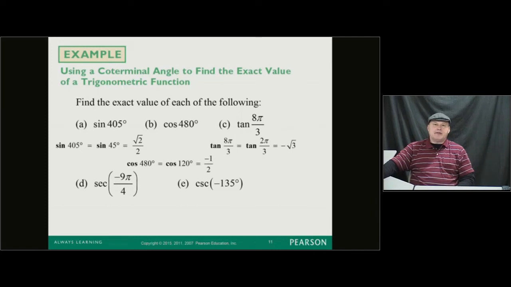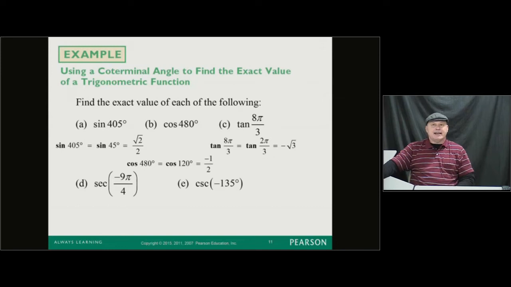Now, the tangent of 8 pi over 3 is the same as the tangent of 2 pi over 3. They're coterminal, because 8 pi over 3 is more than one revolution. 2 pi, also known as 6 pi over 3, is one revolution. So 8 pi over 3 minus 6 pi over 3 is 2 pi over 3.